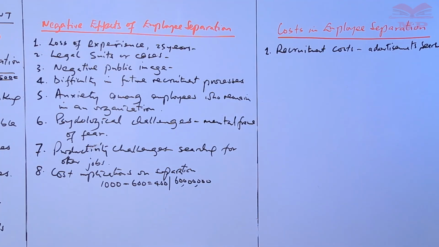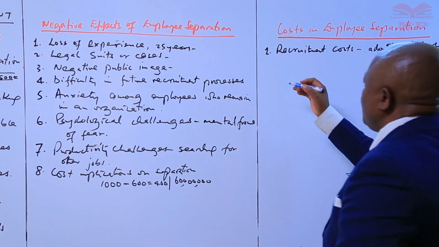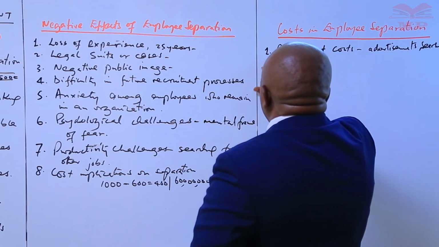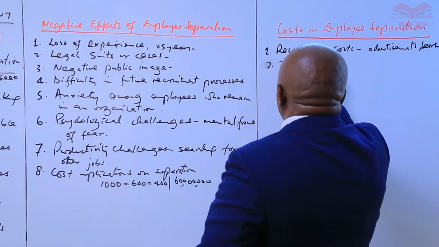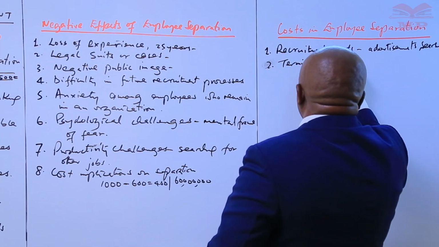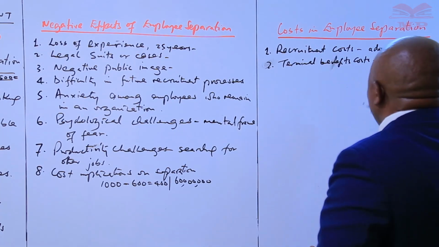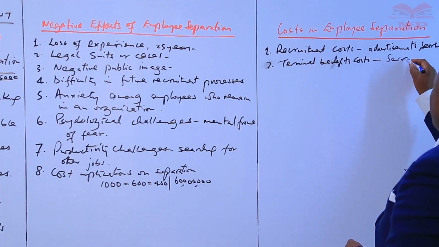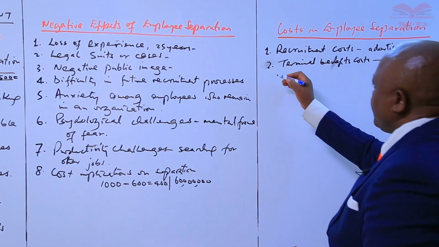So that cost is associated with the issue of employee separation and so on. Then you also have what you call number two, terminal benefits costs. So here, for example, an organization may have to pay a severance pay. So that has to be paid by the employer.